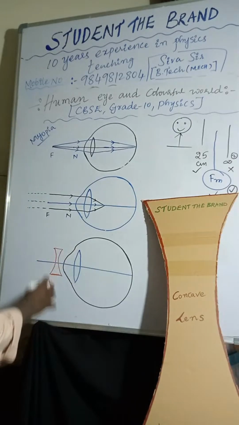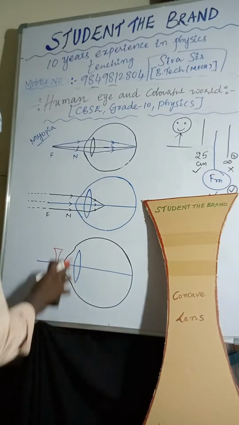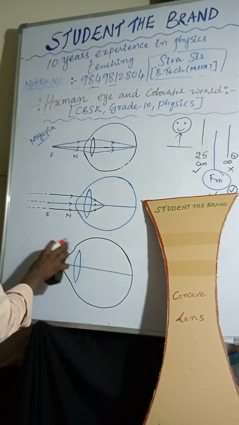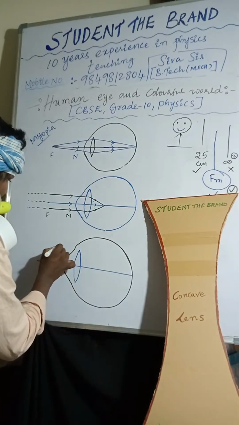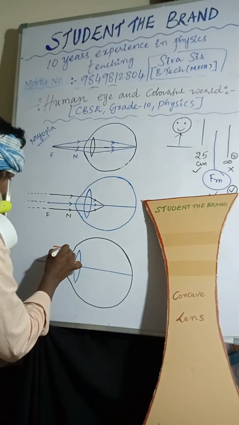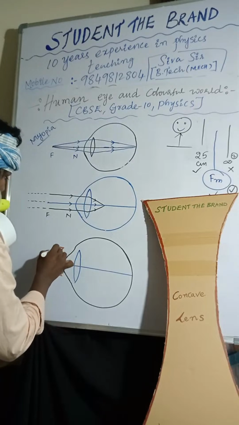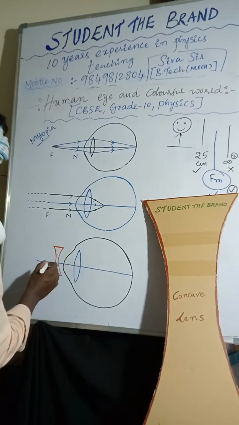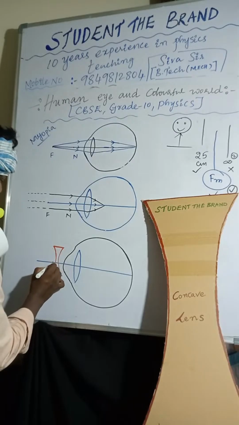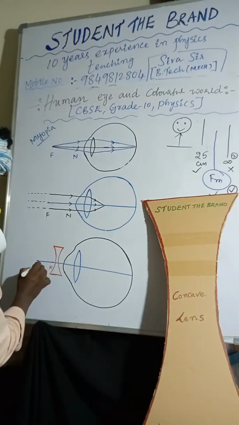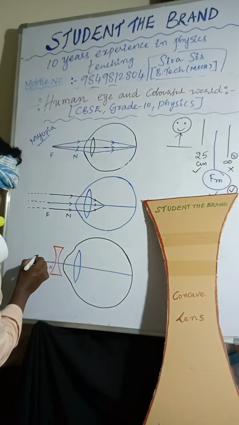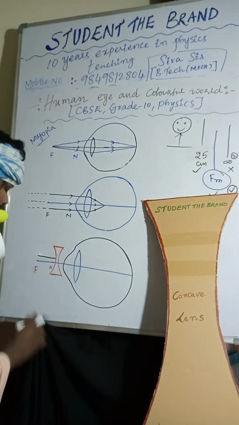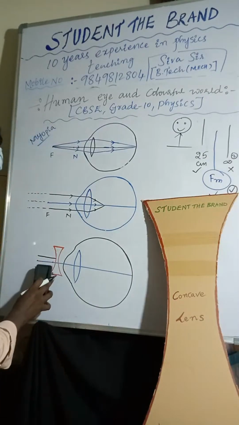Like this you can take. Fine. This is the near point and this is the far point. If the light rays are coming from infinity, I'm taking the light rays. Because it's a diverging lens.